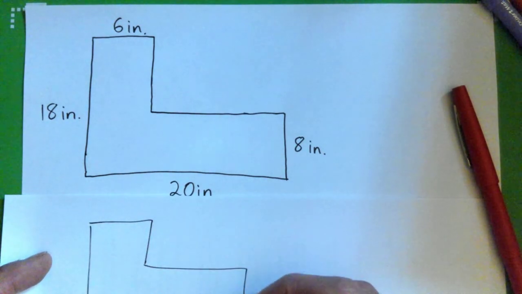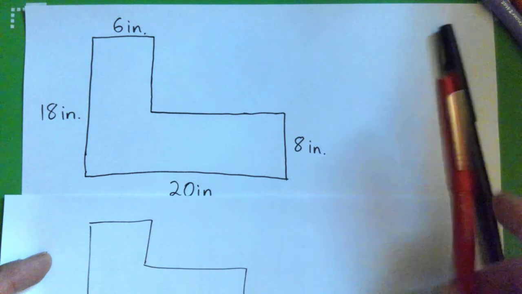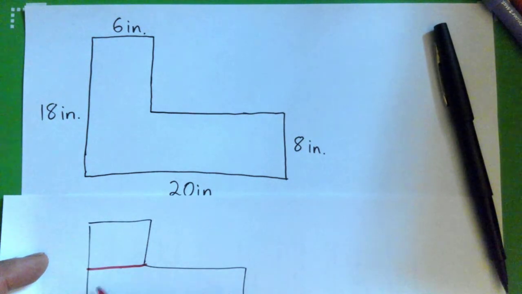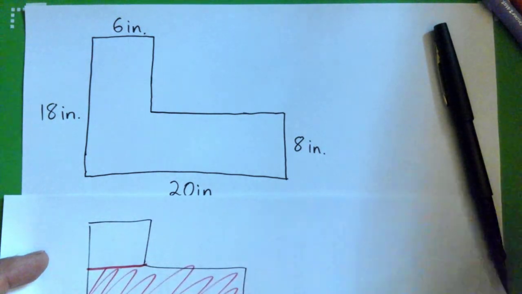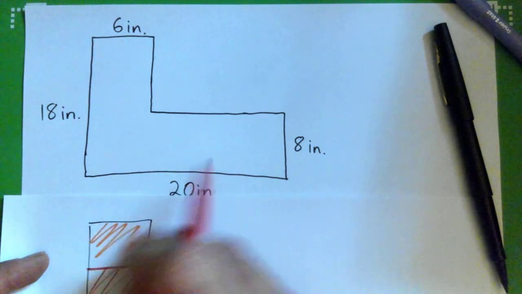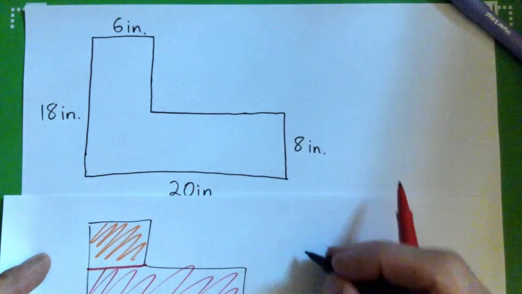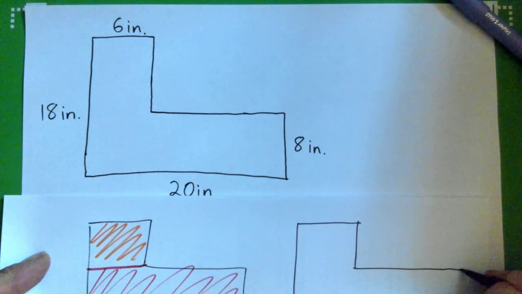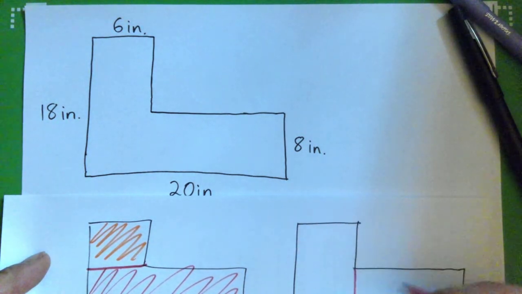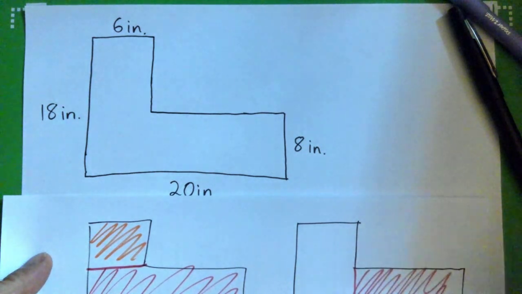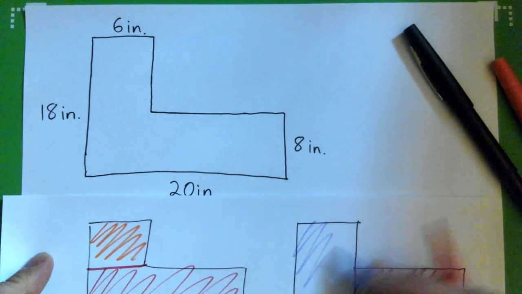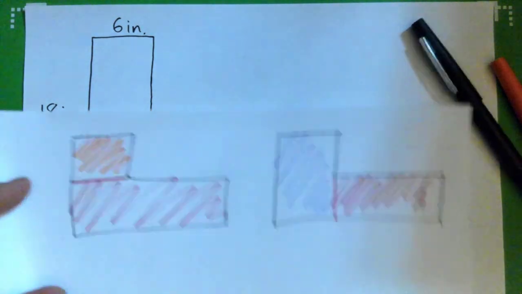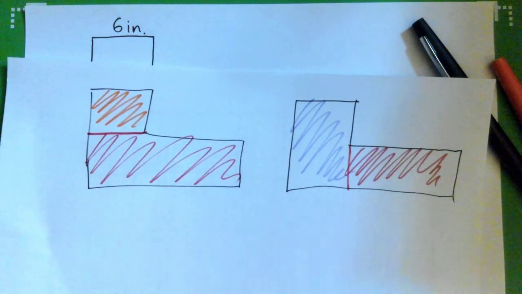You could split it like that, and then you can get this area and this little area up here. Or the other way of doing it is you could split it like that and get this area here and then this area here. Does that make sense? So basically we're going to split it into two separate rectangles, get the area of each, and then add them.